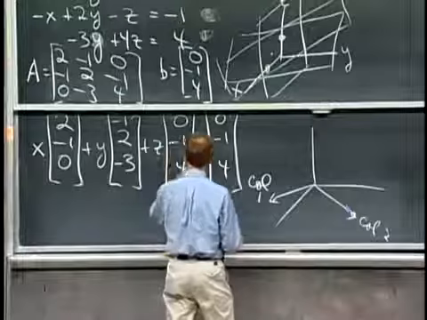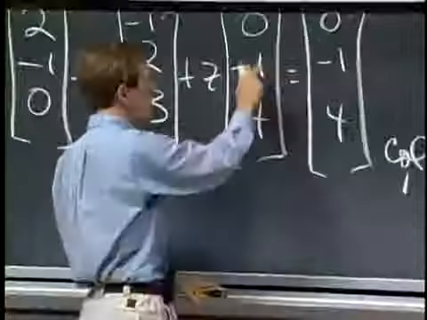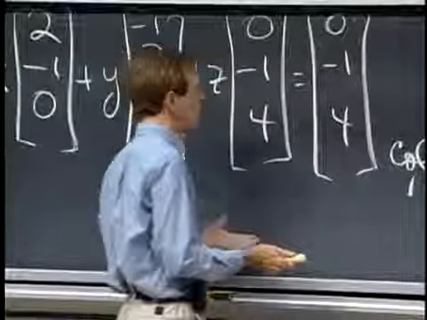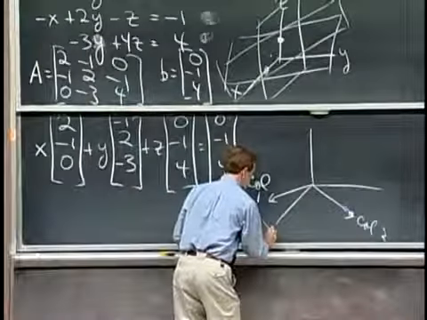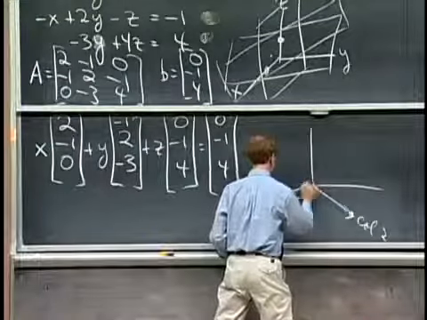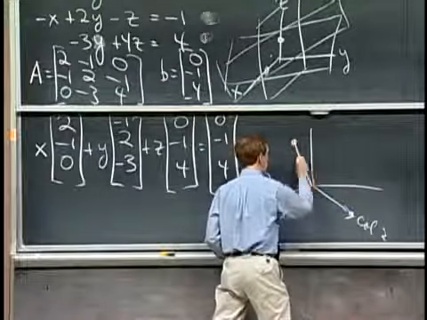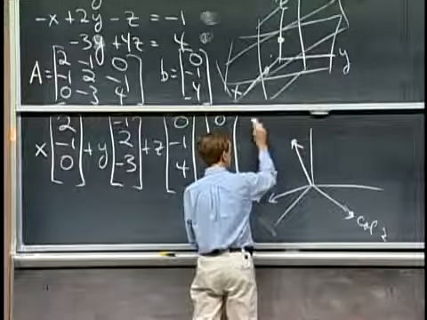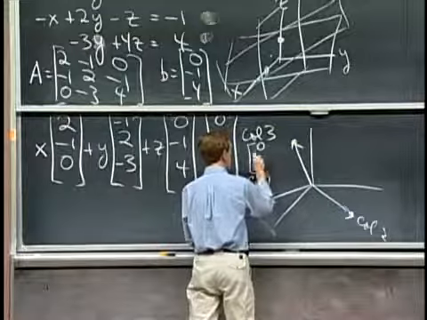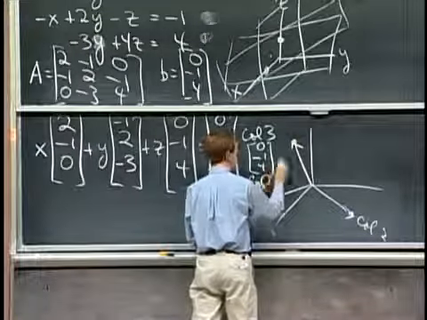And the third column has 0, minus 1, 4. So how shall I draw that? So nothing in the first component. The second component was a minus 1, maybe up here. That's column 3. That's the column 0, minus 1, and 4. This guy.